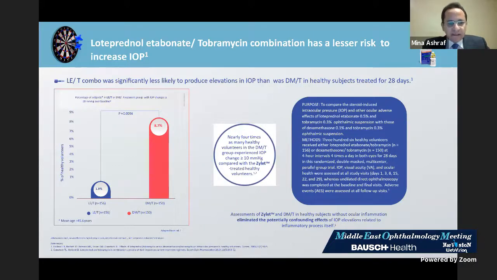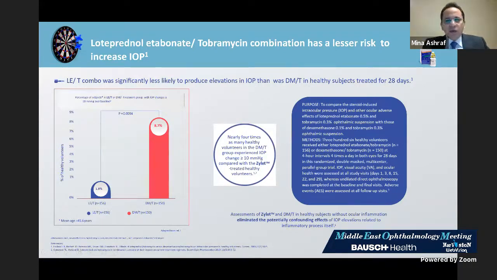And as we can see here, nearly 4 times as many healthy volunteers in the dexamethasone tobramycin group experienced an IOP change of more than 10 millimeters mercury compared to Xylet treated healthy volunteers over 28 days of treatment. The percentage of healthy volunteers achieving more than 10 millimeters mercury increase in IOP was 1.9% in the Xylet group compared to 8.7% in the dexamethasone tobramycin group.